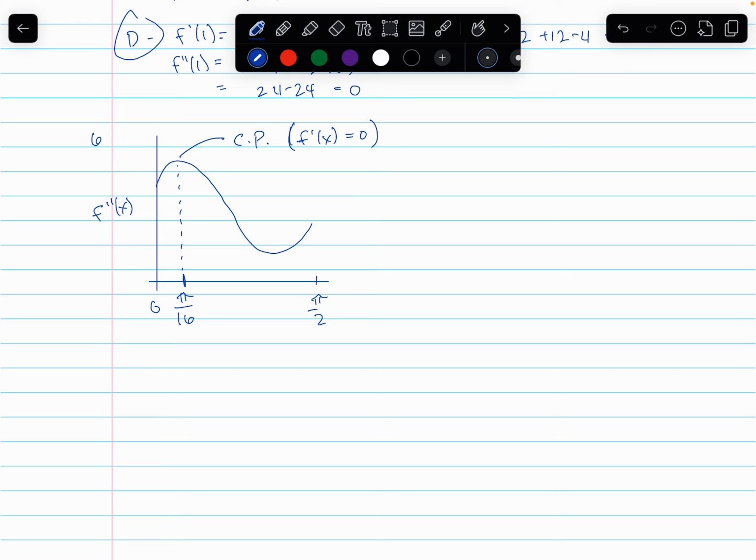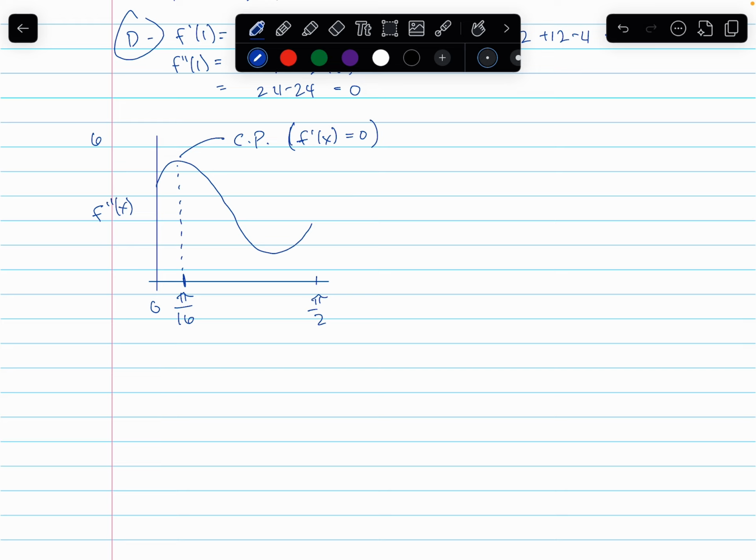Let's think about this. F has a relative minimum, but not an absolute minimum. That could be true or it could be false, I think. So, if it were an absolute minimum, I'm going to come back to that one.